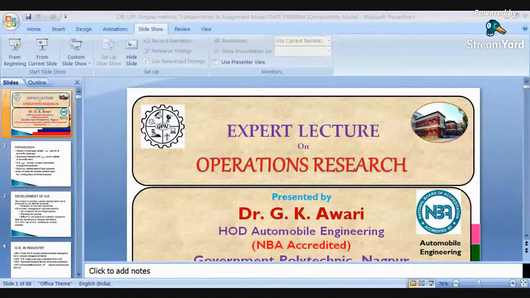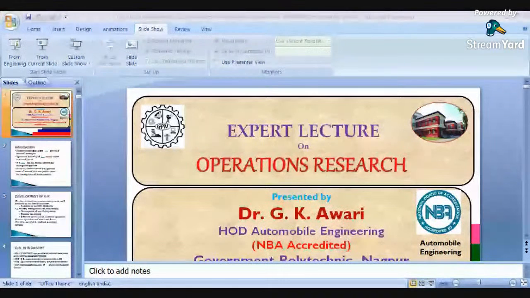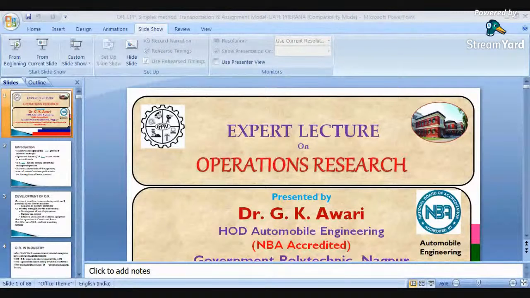Likewise, the mathematical model is to be constructed, then applying a suitable scientific technique like the simplex method, a linear programming problem, and then taking the decision or deriving the solution from the model, and then testing the model.